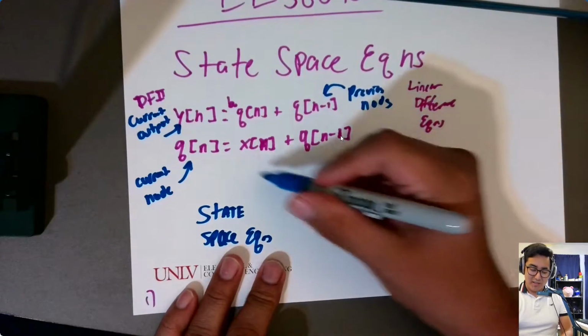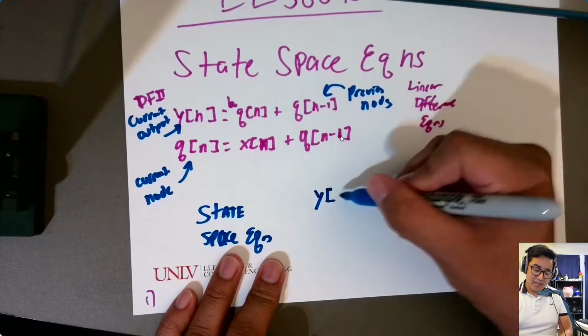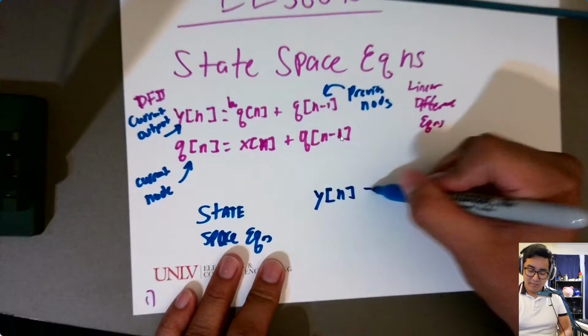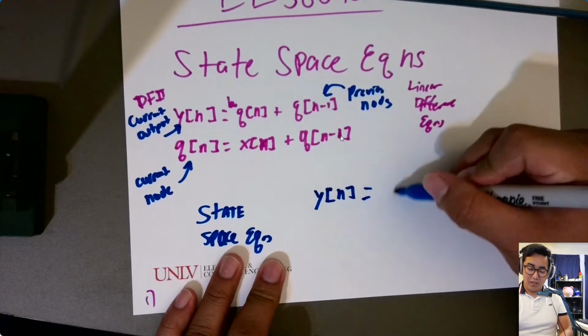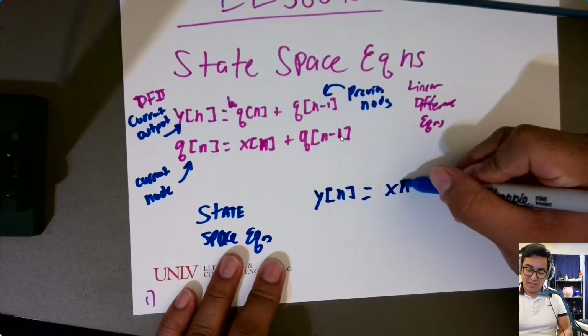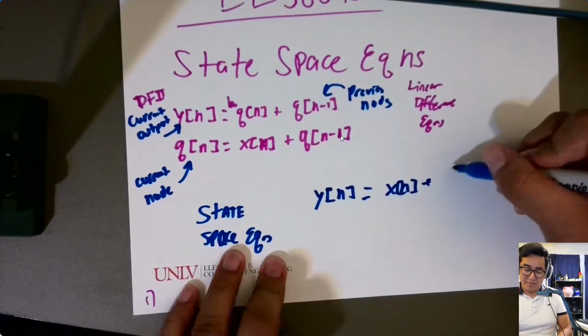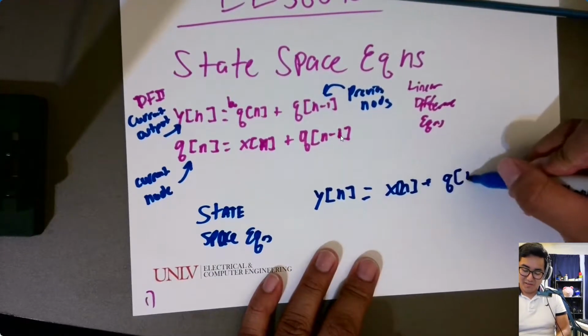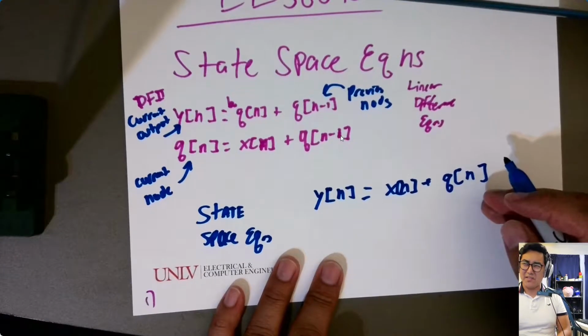So in other cases, we want to find the output, which would be a function of our current inputs, plus whatever we have in our system.